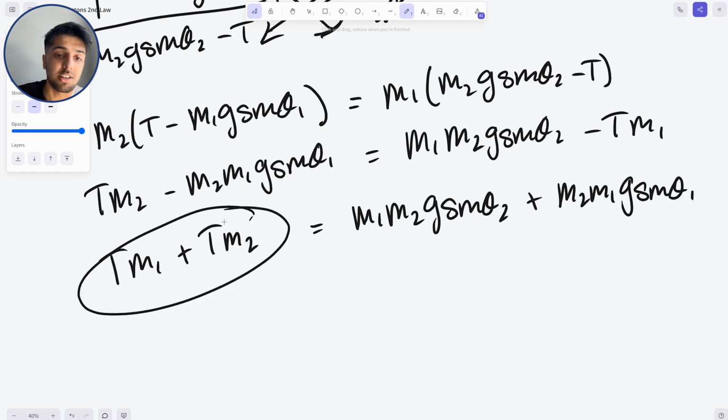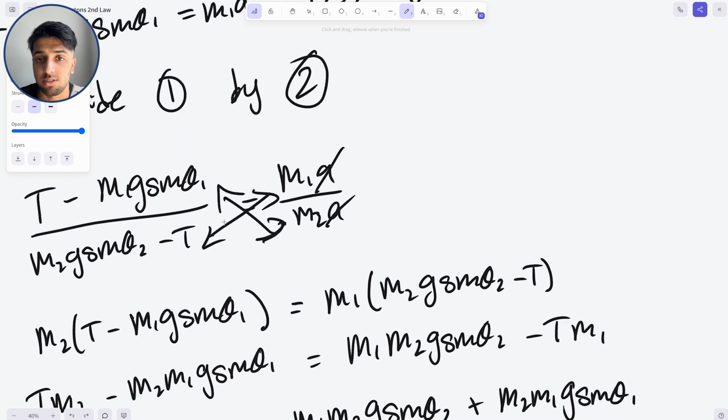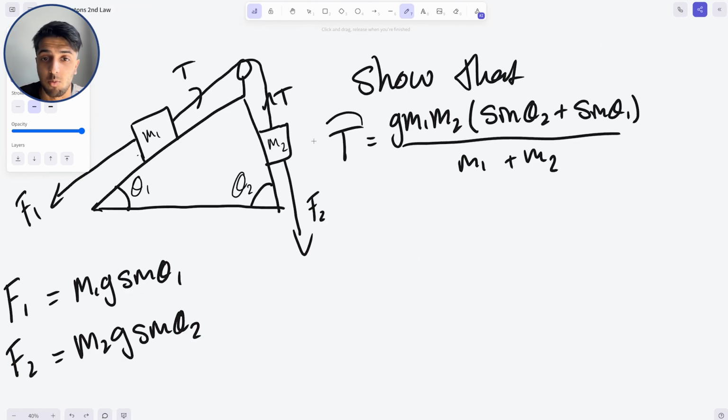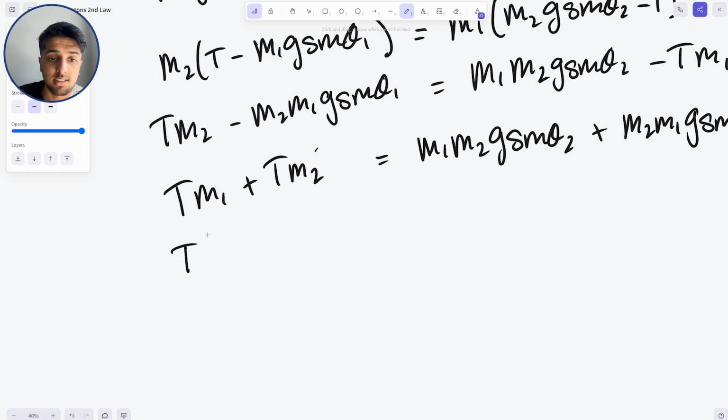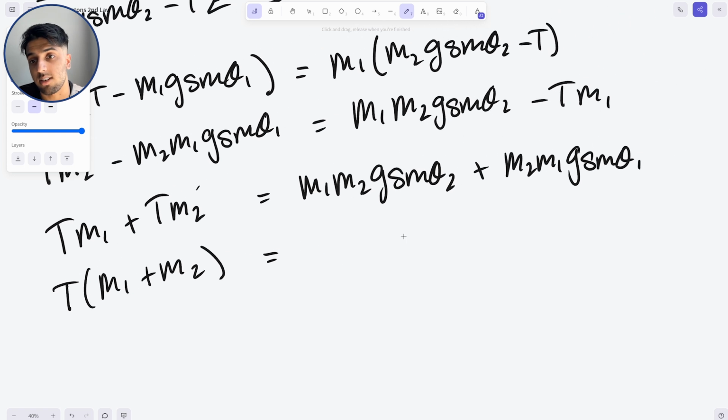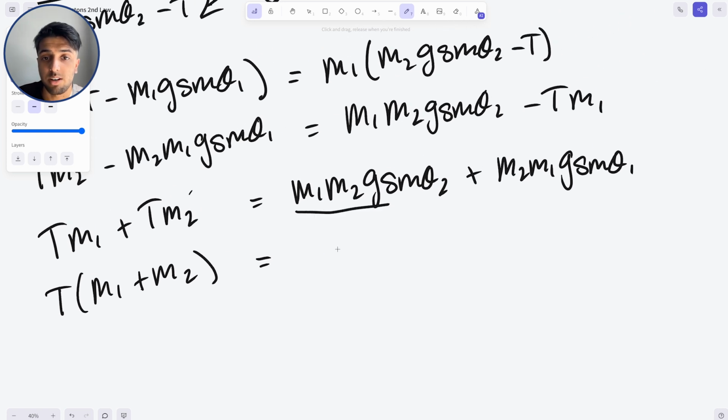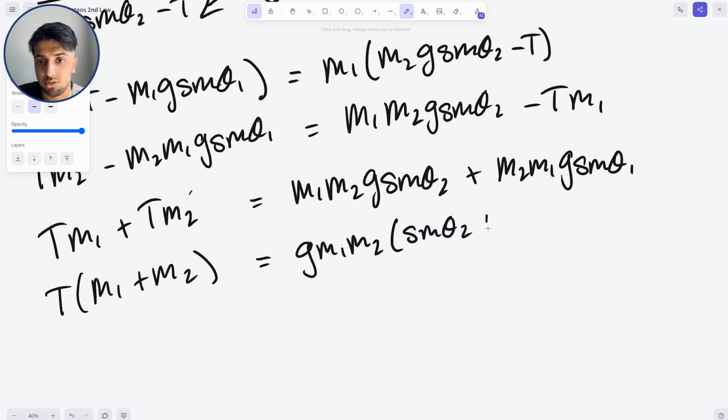On this side, we actually have two tension forces when we only want one, right? So what we can do is take it out as a common factor to get m1 plus m2, just like this. And on this side, we also have m1, m2, g as common factors. So we can also take it out as a common factor. We get g, m1, m2, sine theta 2 plus sine theta 1.